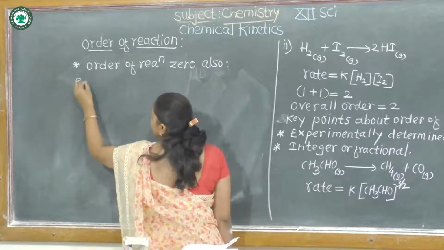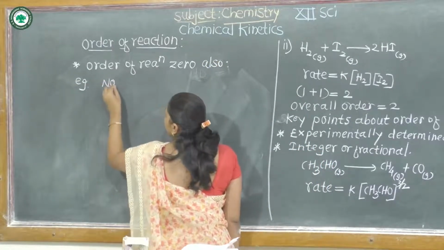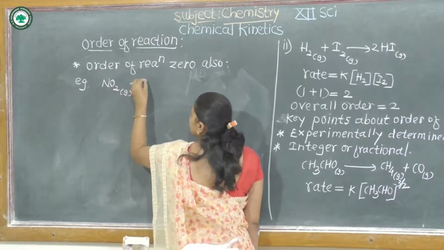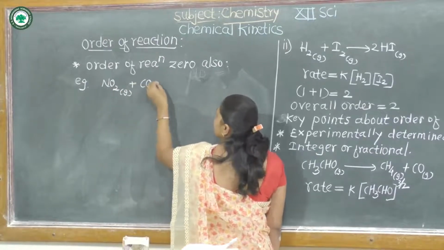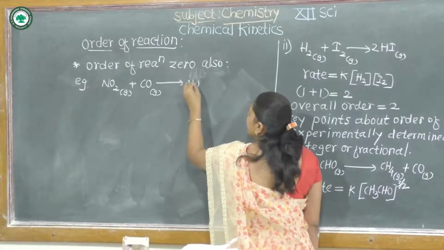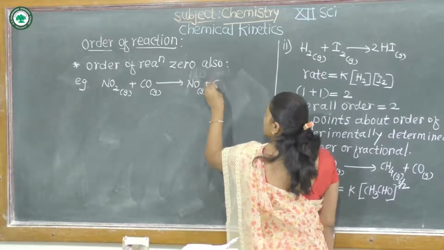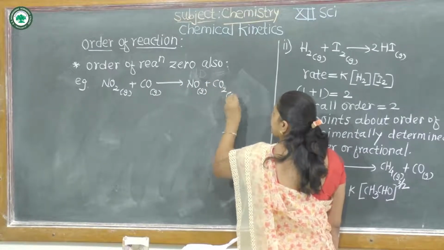Example of this: NO2 gas plus carbon monoxide gas gives nitrogen monoxide plus carbon dioxide.